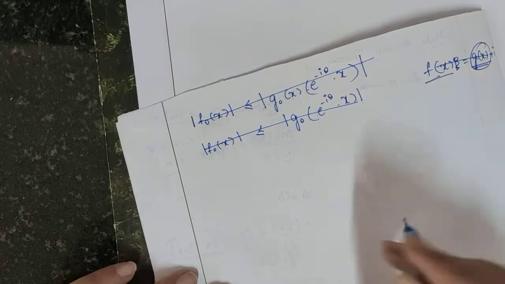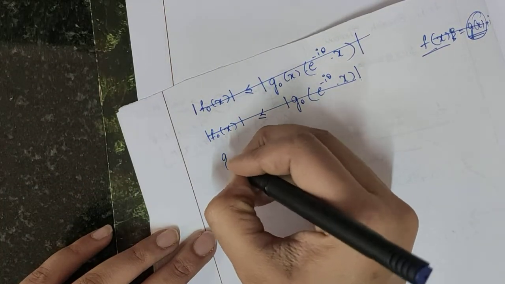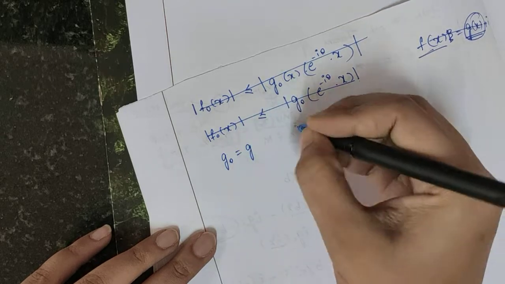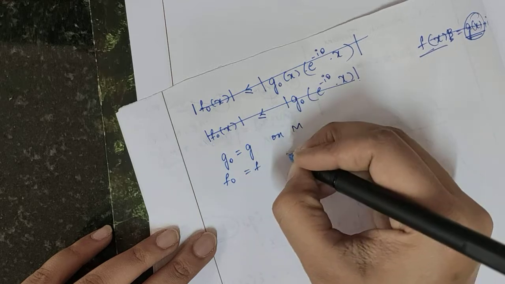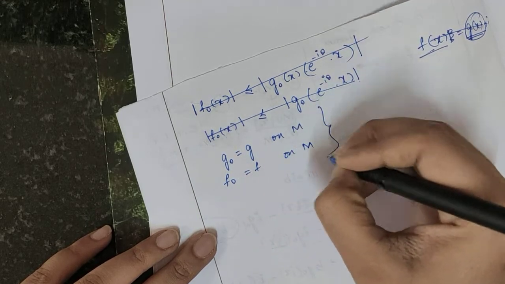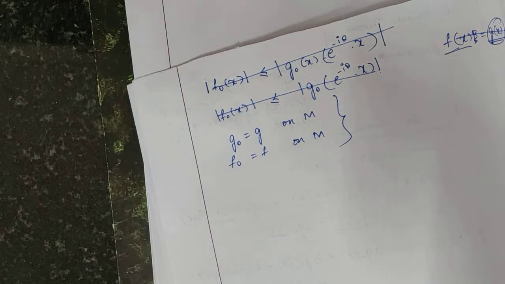Make a small correction. In the previous session we have seen that g naught is equal to g on m and f naught is equal to f on m, right? We have seen these two cases in the previous session.